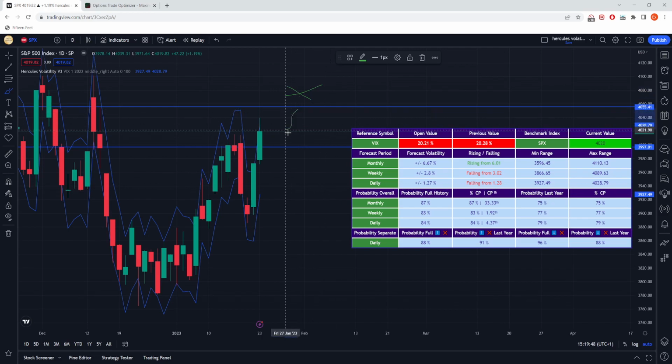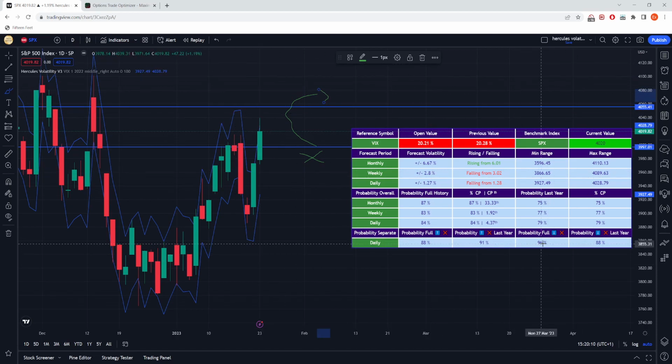So it means that all of this is valid. We will have an 88% probability. At the same time, we have a 96% probability that we will go this way, that the market is going to stay within this place.